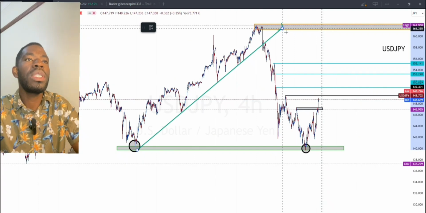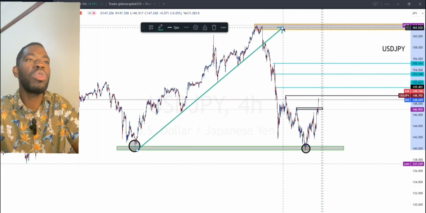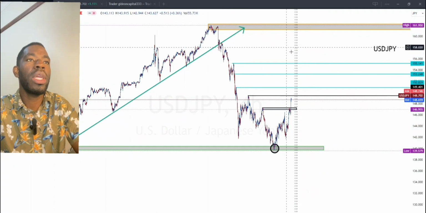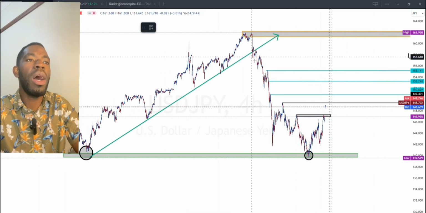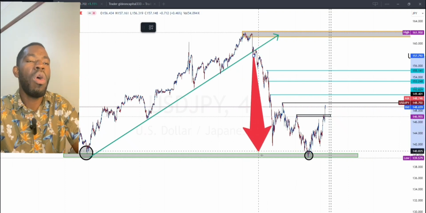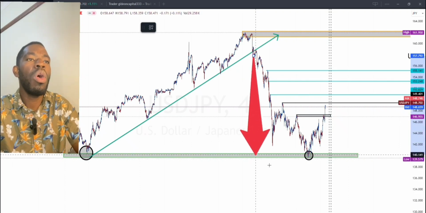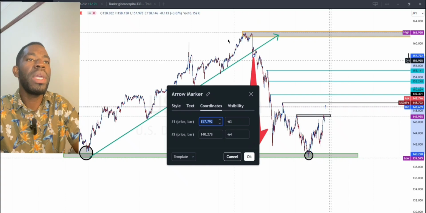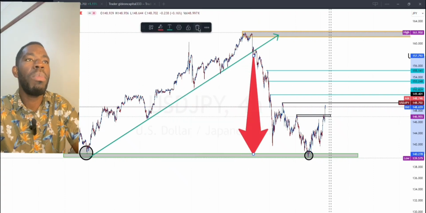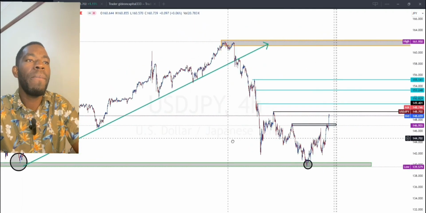We see that price started to drop from this point here, and it touched the previous support over here. So we are looking at the behavior of price around support.